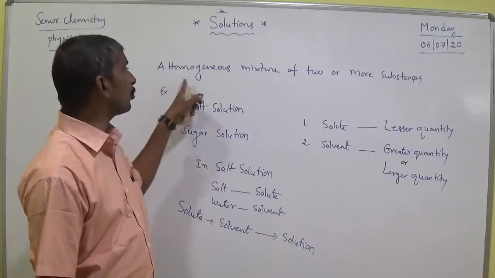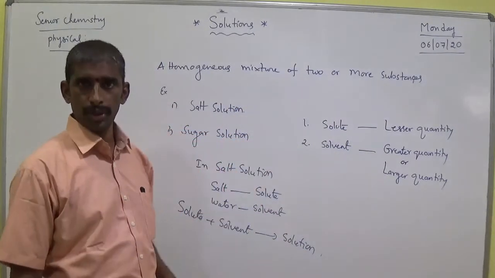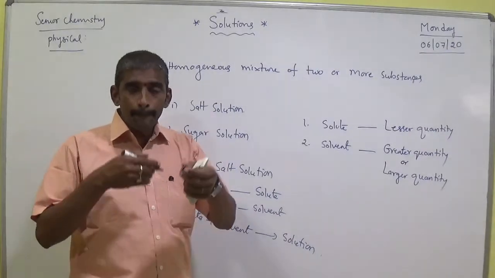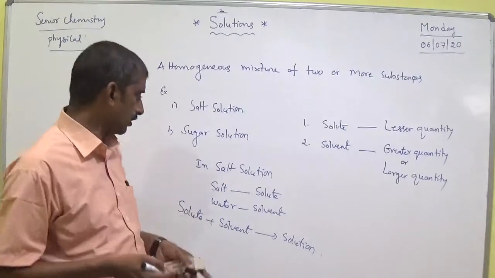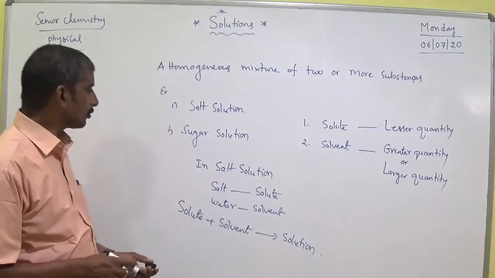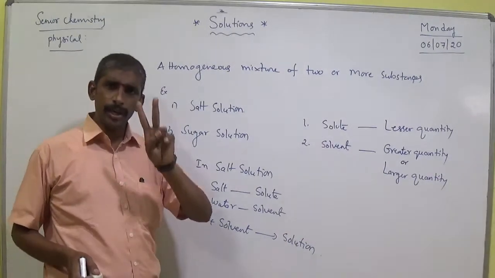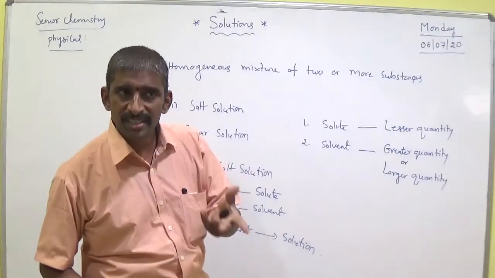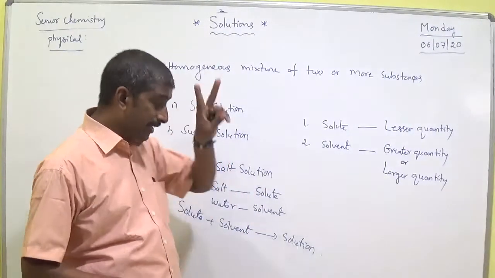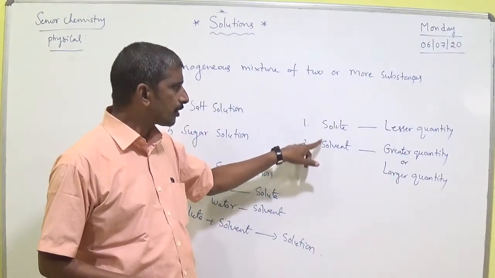A homogeneous mixture of two or more substances is called a solution. Homogeneous mixture means completely mixing with each other. It contains two components, solute and solvent.